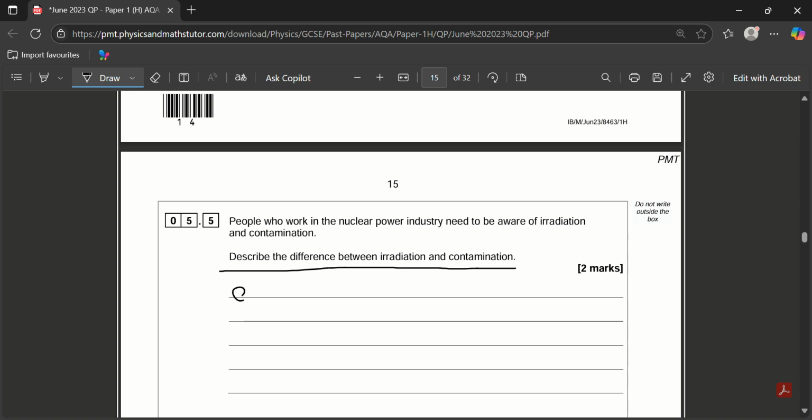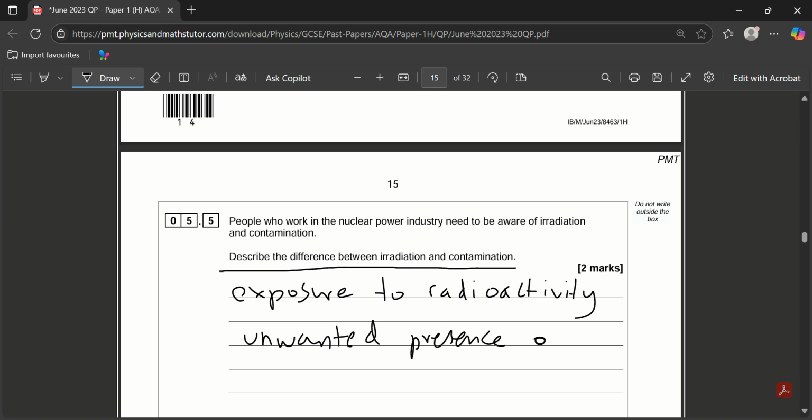Irradiation is just the exposure to radioactivity, and contamination is the unwanted presence of radioactive sample or material.